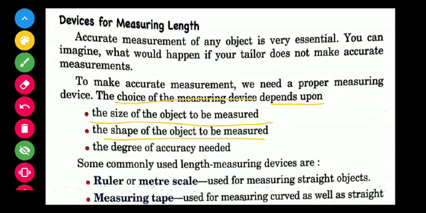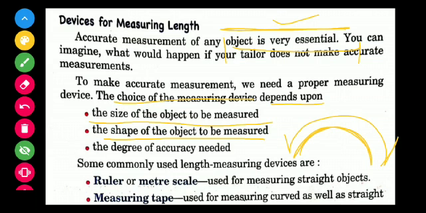If you want to measure a straight length, then you normally use the meter scale. And if you want to measure a curved surface, then you use the measuring tape.